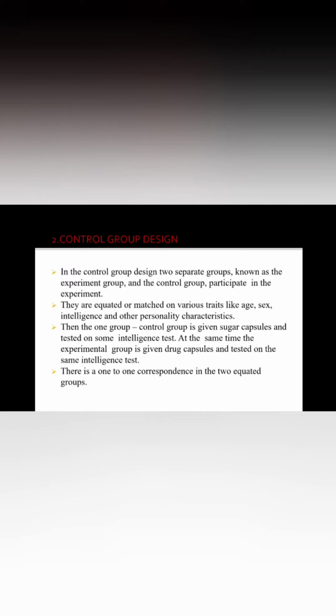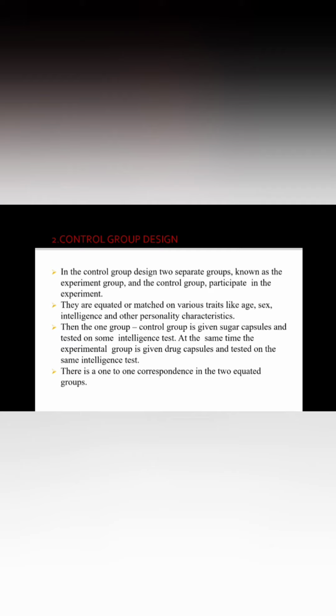The control group means a group of subjects who are exposed to the same experimental conditions except the independent variable. So the experimental group includes the independent variable, and the control group does not include the independent variable.